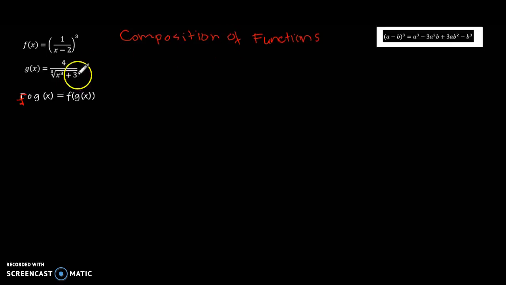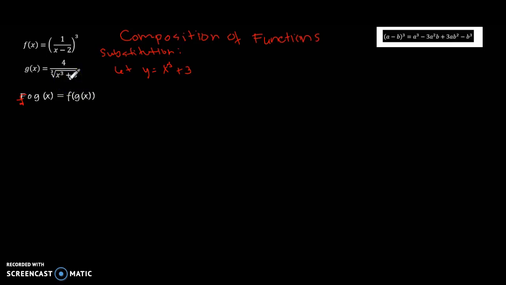Instead of using x cubed plus 3 every single time, we will use a different letter. This is what you call substitution. I will say let y equal x cubed plus 3. Basically, the one inside your radical, I will call y for now.